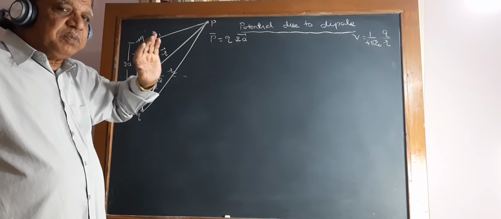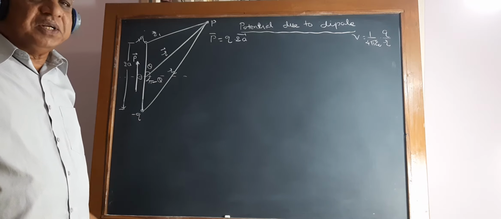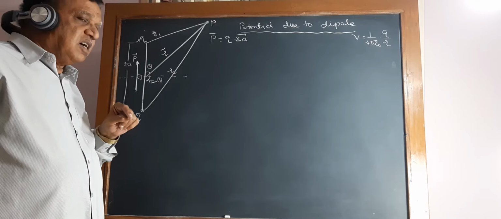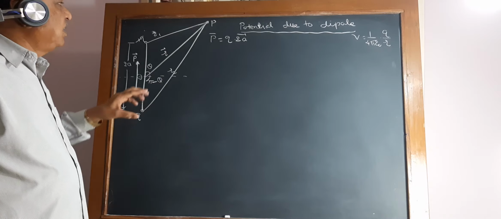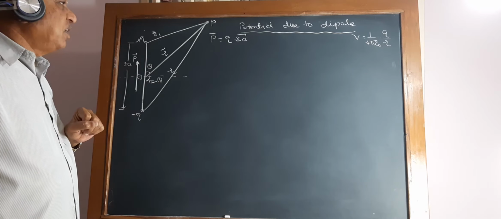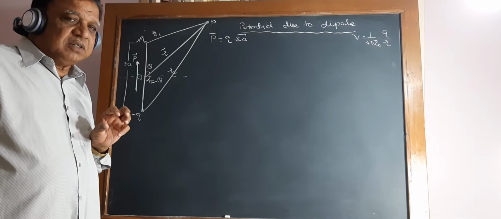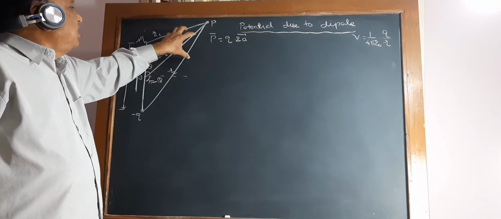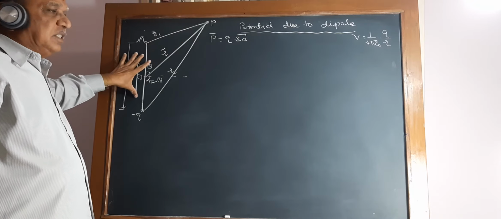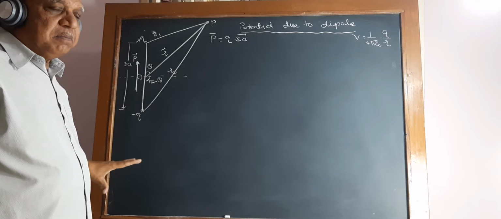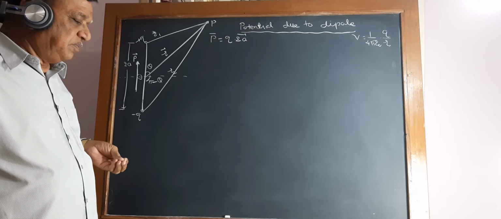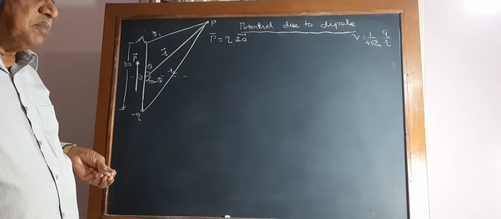Means work required to be done in bringing a unit test charge from infinity to that point against the electric field is nothing but the potential of that point. Here work depends upon the electric field. Here the field is due to two charges plus Q and minus Q. So we have applied the principle of superposition.